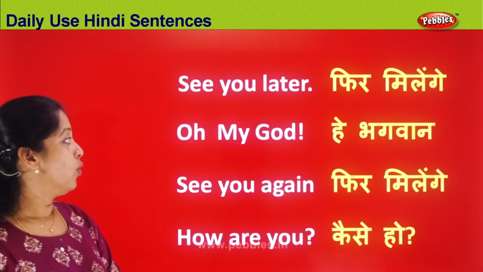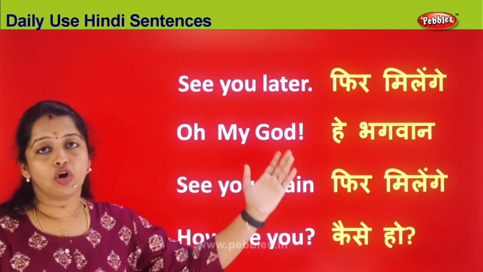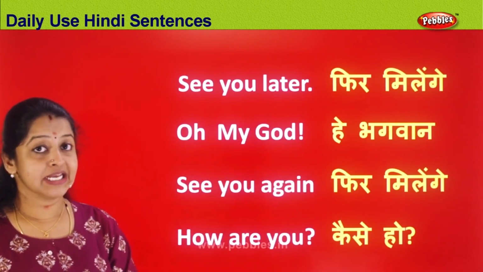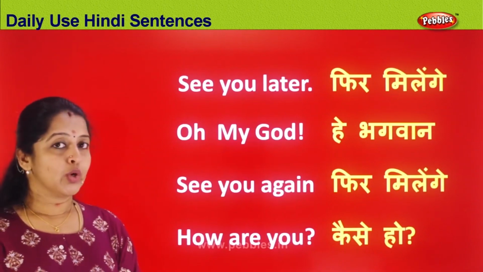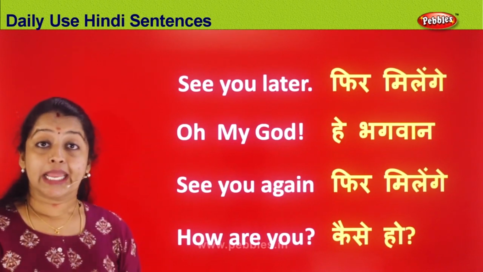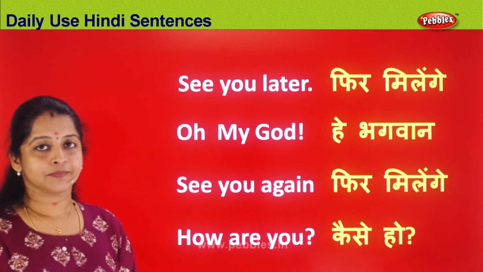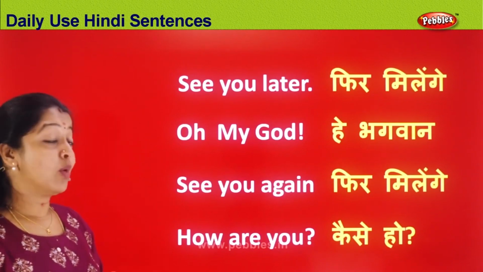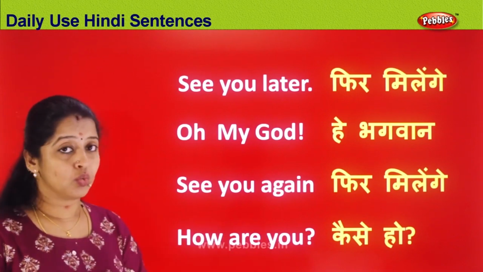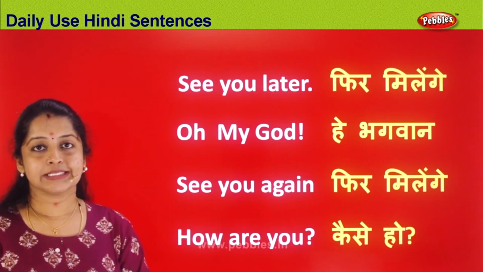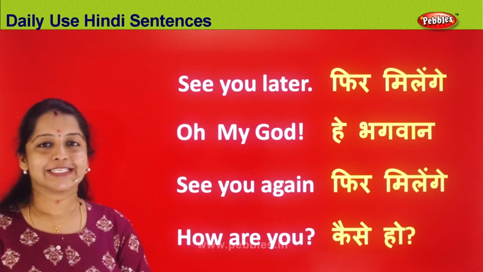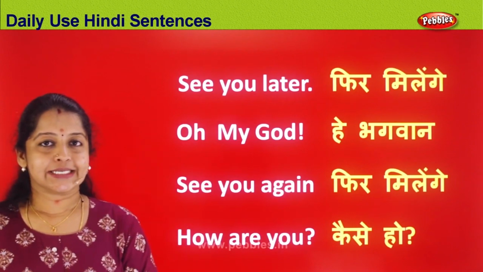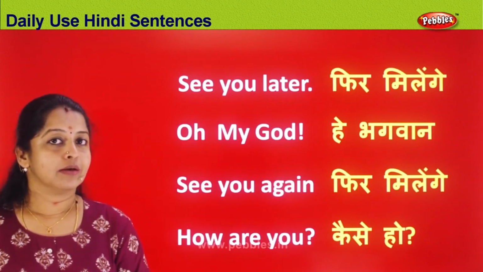Okay, now when I have to say oh my God, I would be saying it as Hey Bhagwan. Okay, and when I have to ask someone how are you, I would be asking it as kaise ho. So hope you found these instructions quite easy and informative to learn and practice.